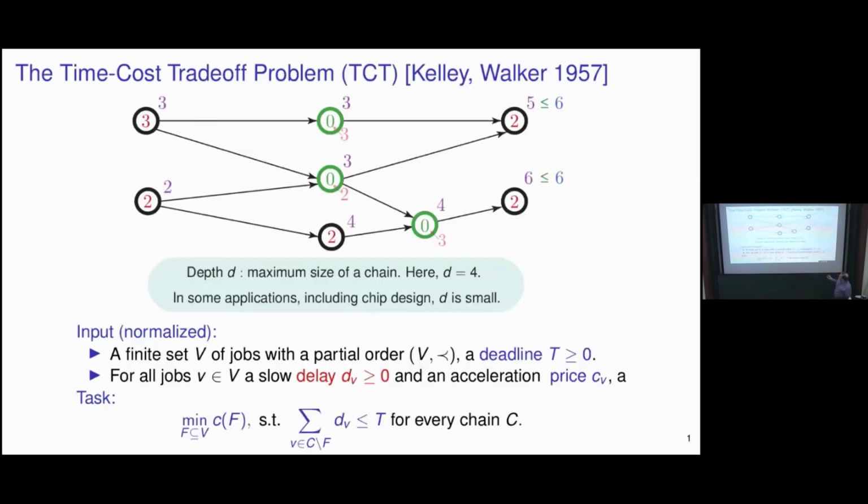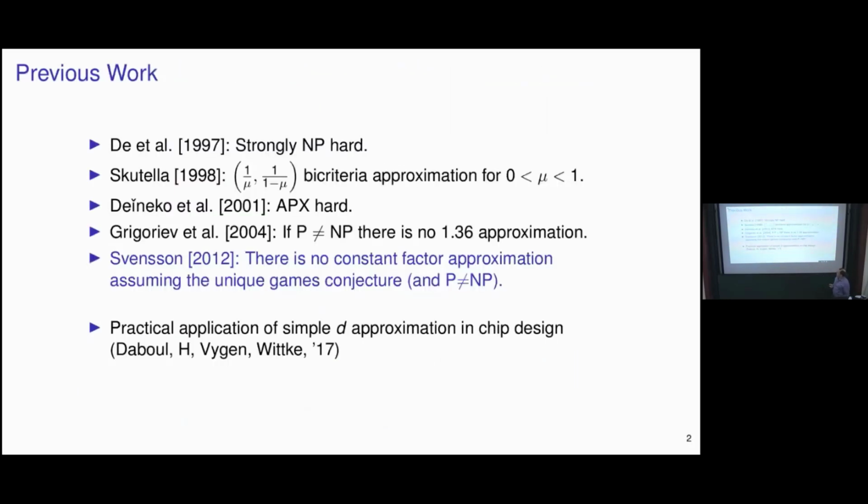So this depth is typically very small compared to the size of the instance, and that's why it's interesting. Maybe we can get good approximation algorithms in this parameter. Some previous work: the general problem is strongly NP-hard. Skutella developed a bicriteria approximation algorithm, trading off violating the delay constraints against the cost.